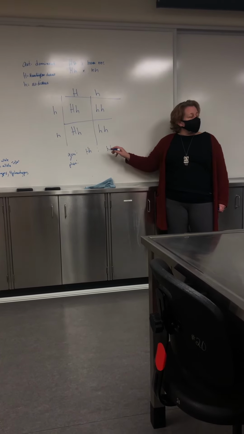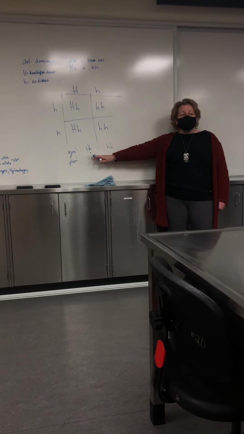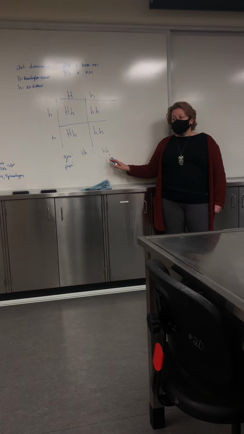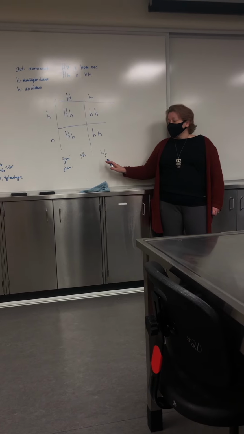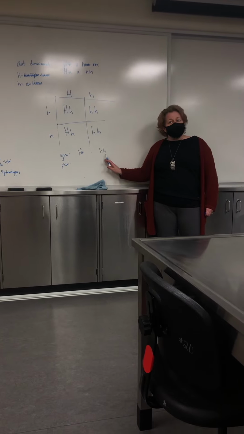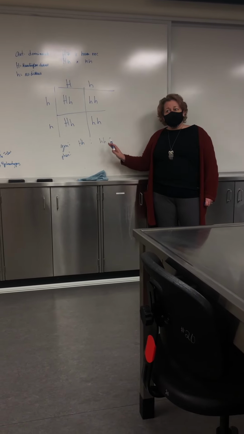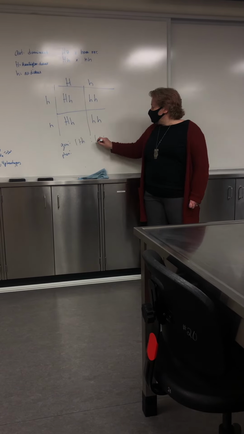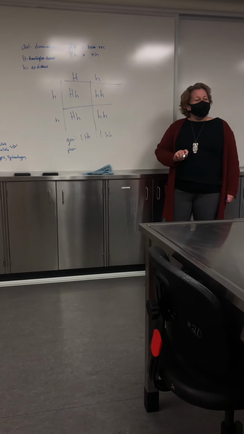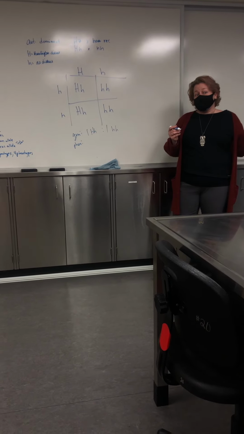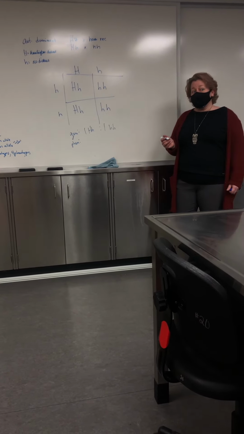What is the ratio between big H, small h, and small h, small h? Yeah? 1 to 1. Don't overthink it. All right? So it's actually the same one I think that we just worked with. It just, the outcomes are very different.